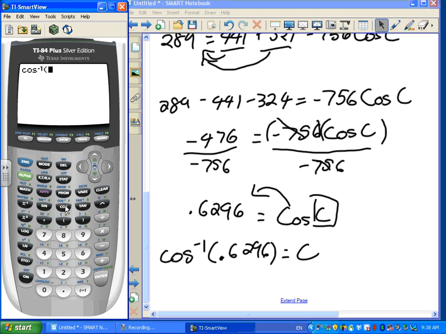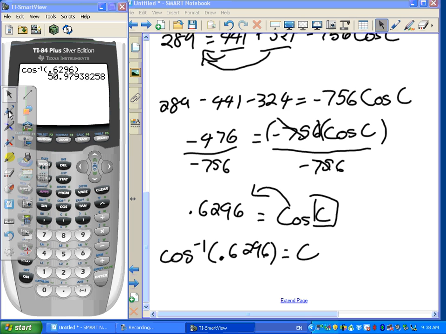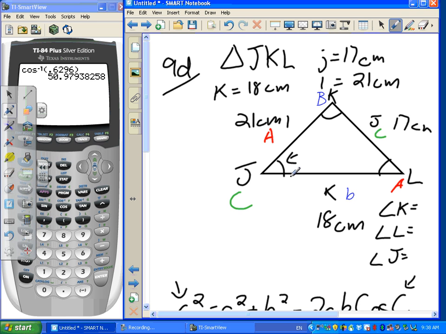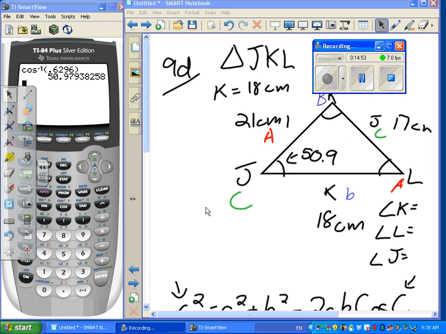Second function cos, so I have cos inverse 0.6296 is equal to 50.9. Equals C. So when I go all the way back up here, my angle J is 50.9, or 51 if you want to make it a little easier to work with.